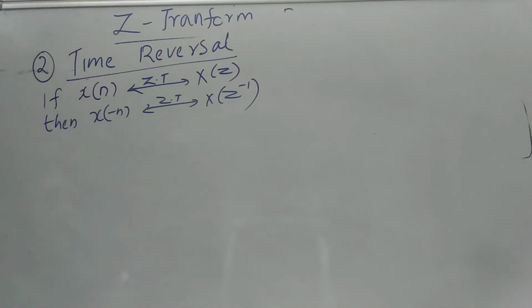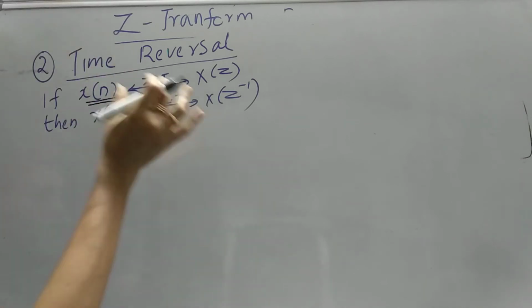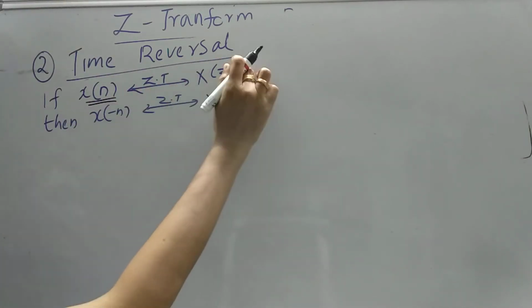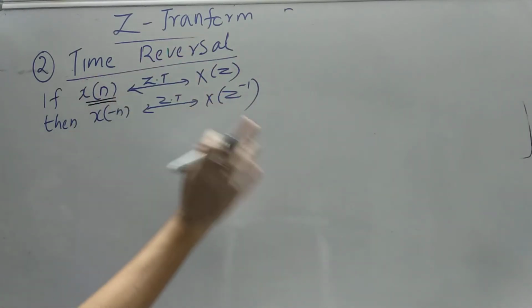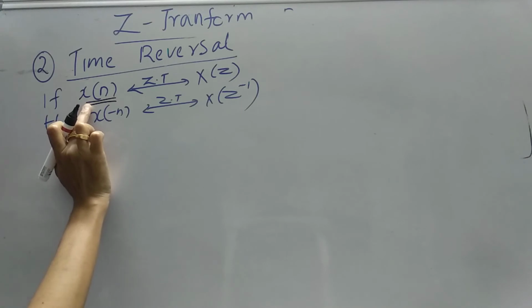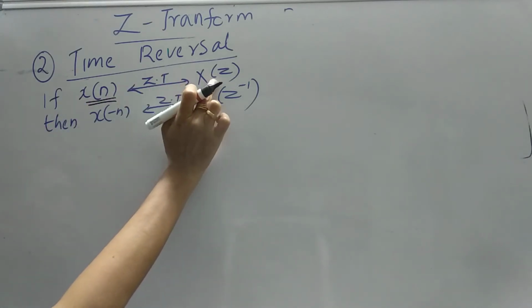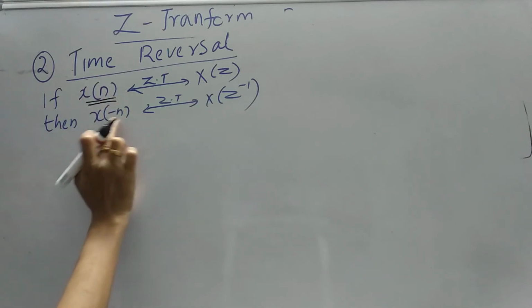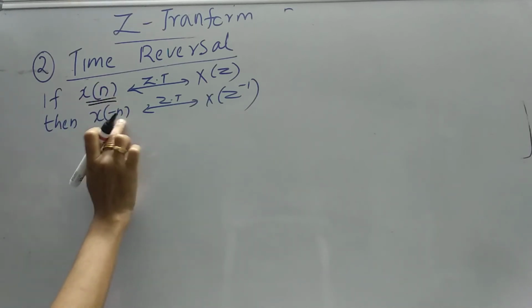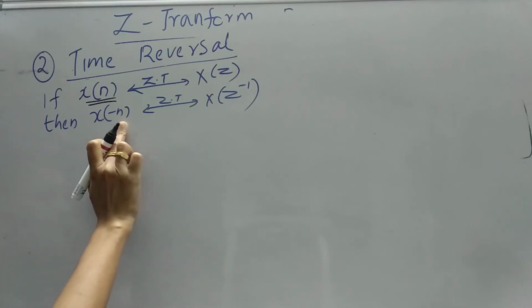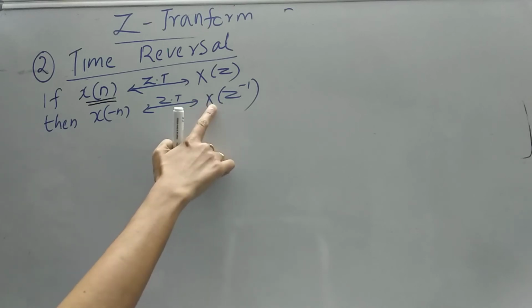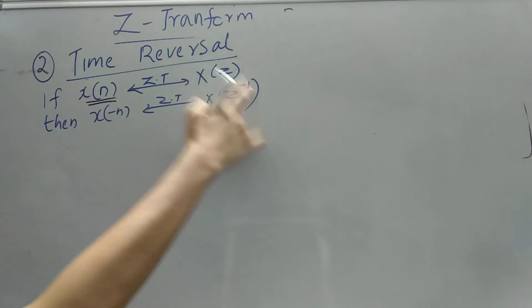Again we have the discrete time signal, say x of n. If the discrete time signal sequence x of n has a z transform pair X of z, then according to the time reversal property, x of minus n, which is a left-sided signal, will have a z transform of X of z raised to minus 1.